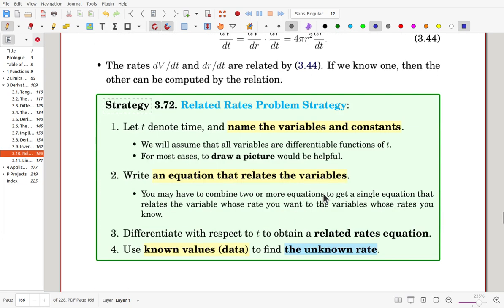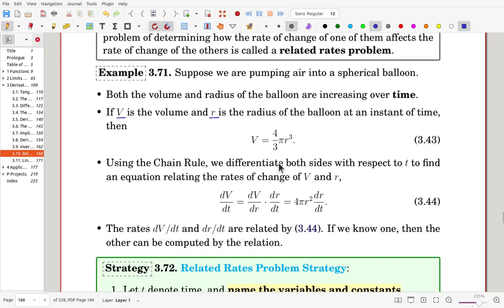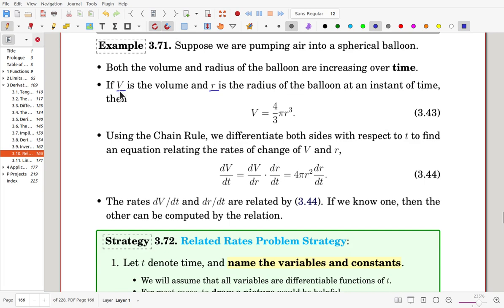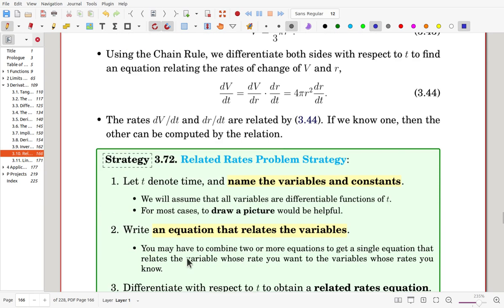Here we have a strategy for solving related rates problems. First of all, you have to name the variables and constants as functions of time. In this example, we named V and R as functions of time. And we can write an equation that relates the variables.